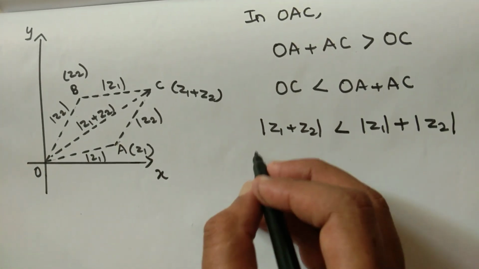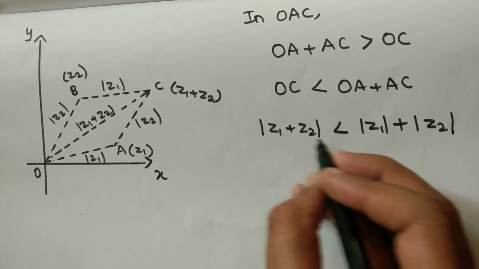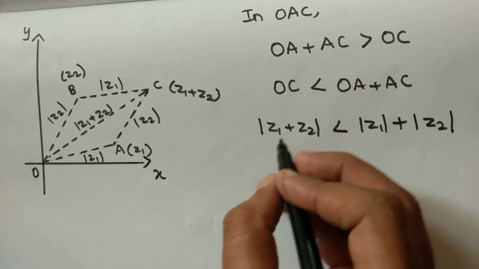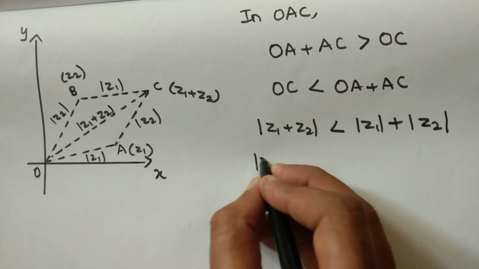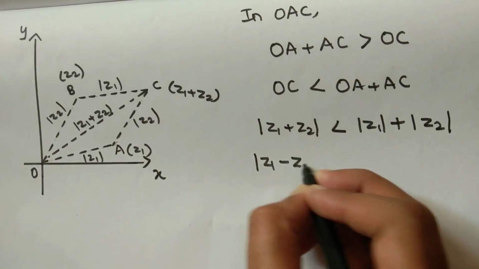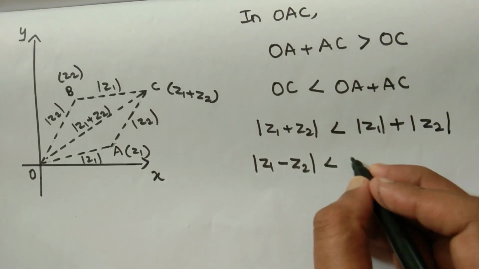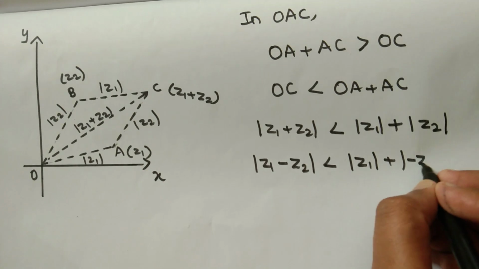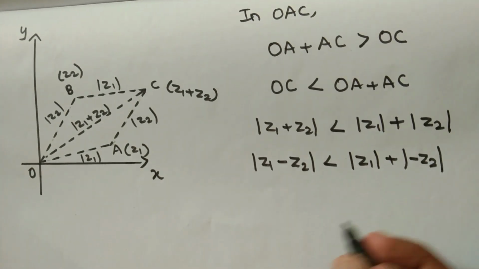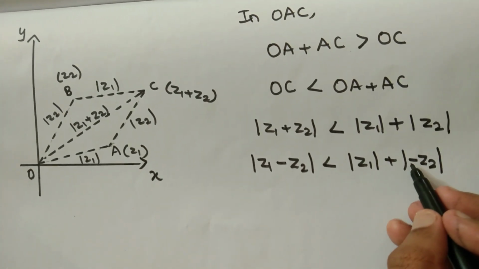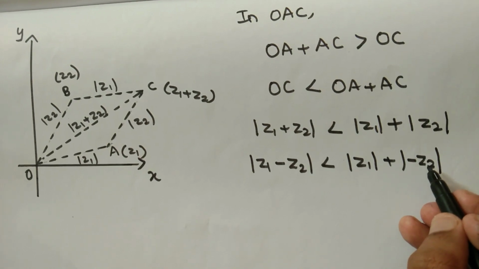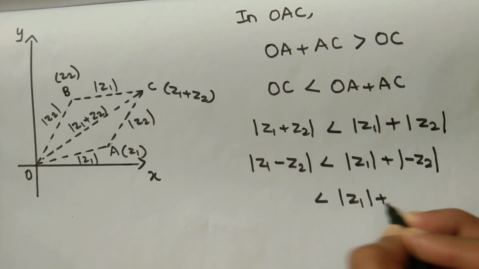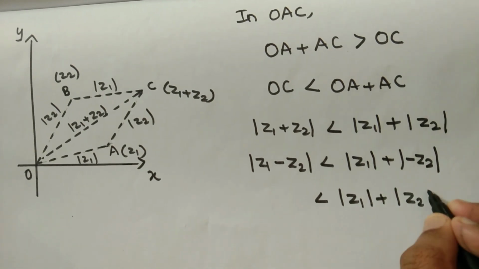Then I am going to replace, instead of z2, minus z2. Modulus of z1 minus z2 is less than modulus of z1 plus modulus of minus z2. By the property modulus of minus z is equal to modulus of z, which can be written as modulus of z2.